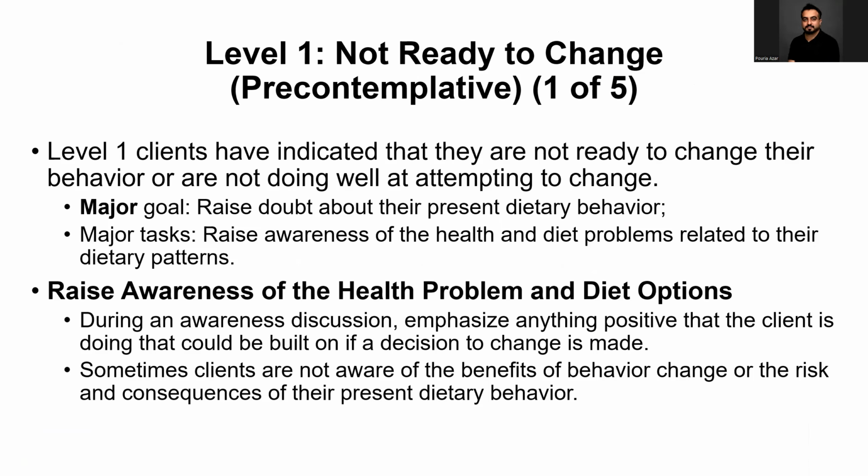The major goal at level one is to raise a doubt about their present dietary behavior. And during an awareness discussion, emphasize anything positive that the client is doing that could be built on if a decision to change is made.